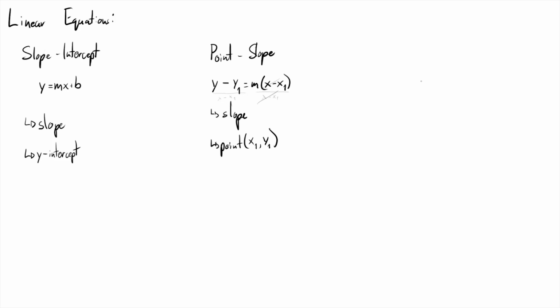Okay, and the last form that we have here is the standard form. Okay, so standard form, and this equation looks like this. It's ax plus by equals c, and traditionally a, b, and c are not fractions. They're integers.